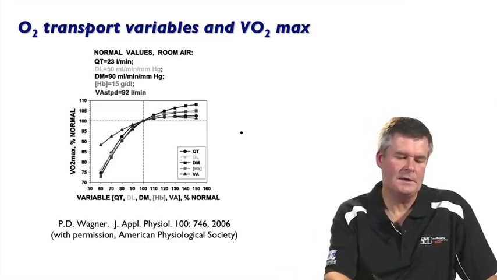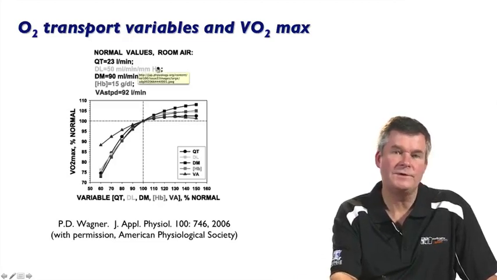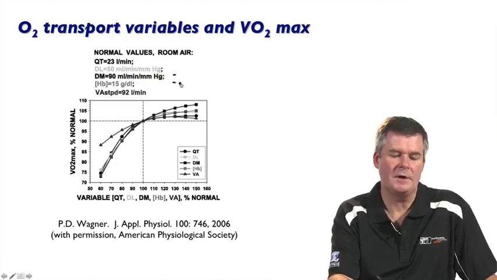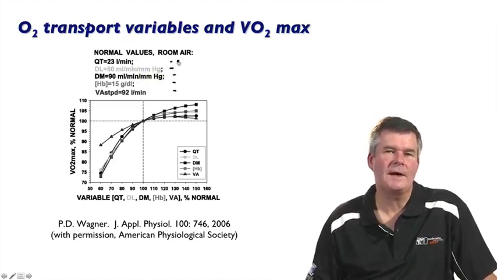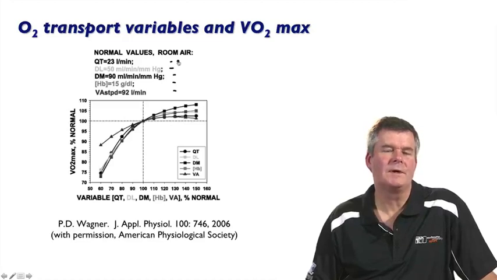And they're listed here: the cardiac output, the diffusing capacity of the lung, the diffusing capacity of the muscle, the hemoglobin concentration, the alveolar ventilation. All of these factors contribute importantly to maximal oxygen uptake. On balance, however, most of the evidence suggests that the ability to deliver oxygen to the contracting skeletal muscles is the most important determinant of VO2 max.